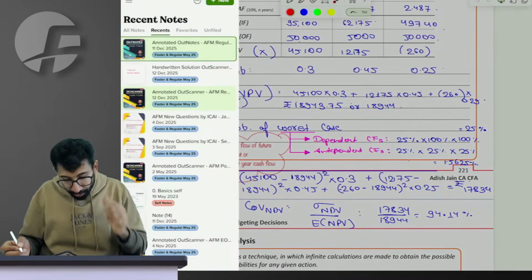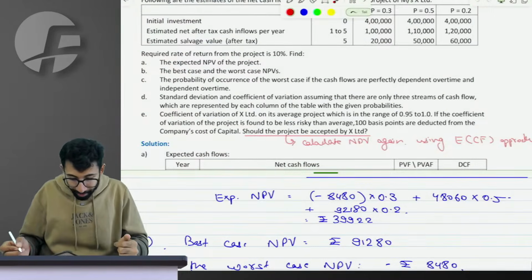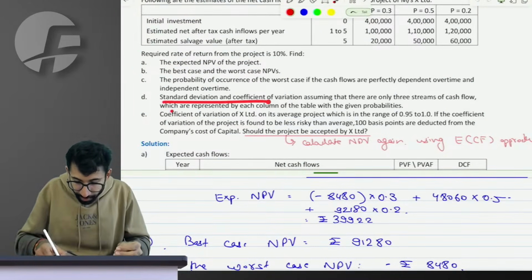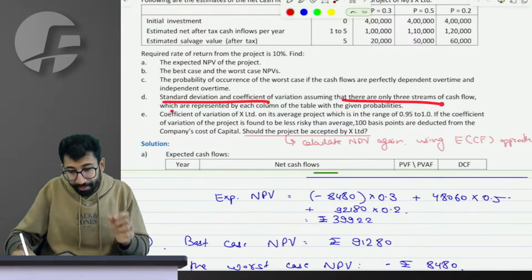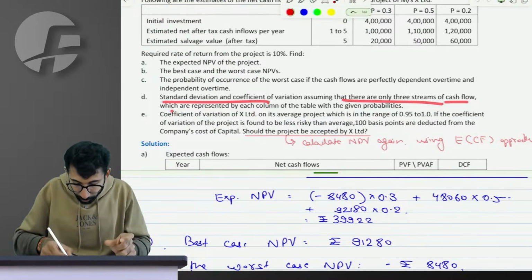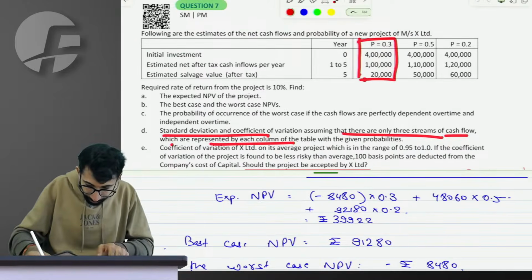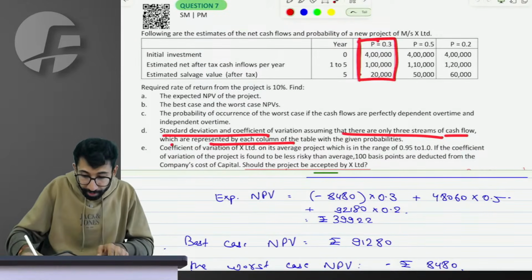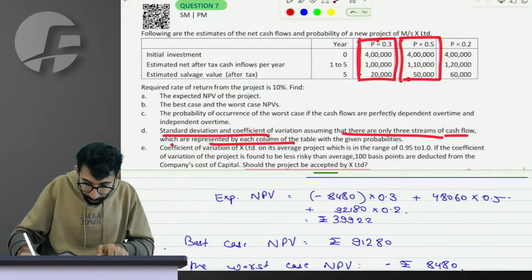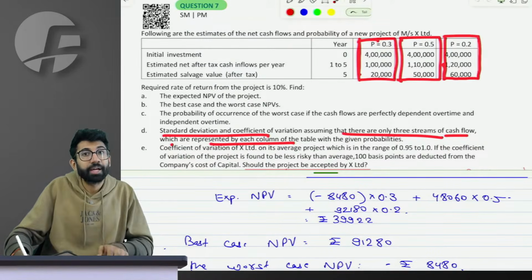Now observe what the question is saying. It says you have to calculate the standard deviation assuming there are only 3 streams of cash flow, represented by each column. This is one possibility of generating cash flow, this is another, and this is the third.